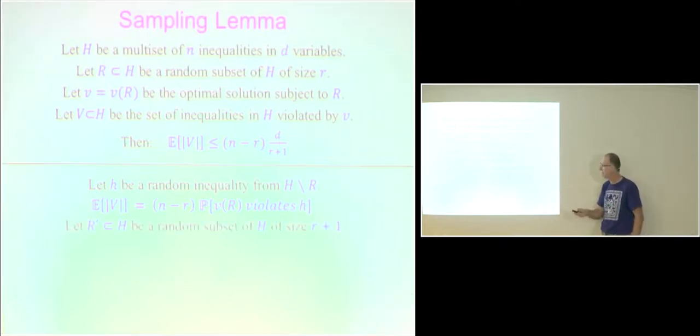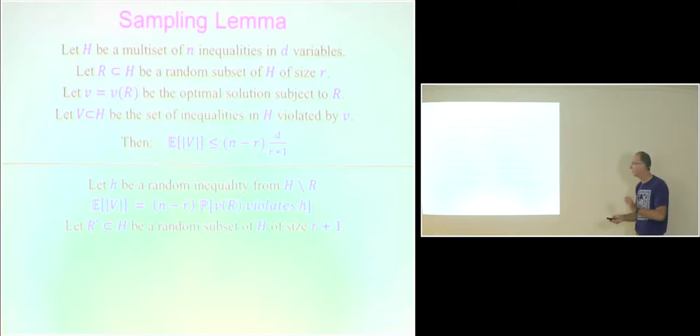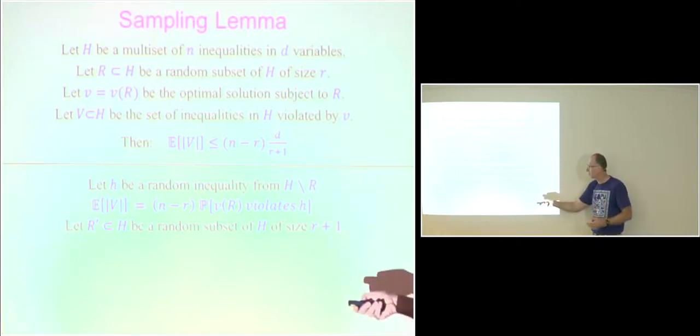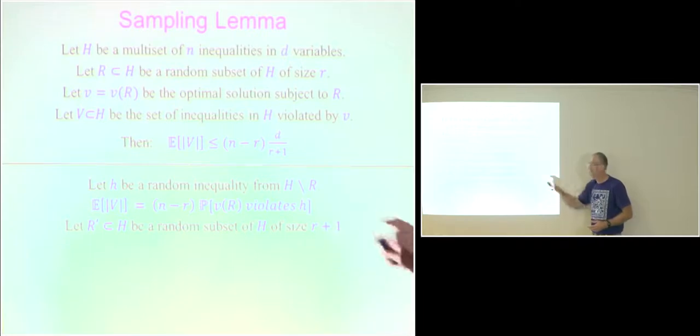Okay, and here comes a nice trick, which makes the computation simple. So instead of choosing a subset uppercase R of size r and an inequality not in R, let's begin by choosing a random subset R prime of size r plus 1. And then from this set, we'll choose a random inequality.